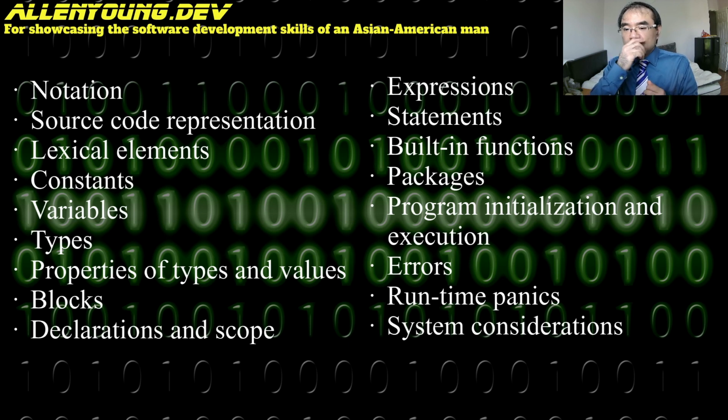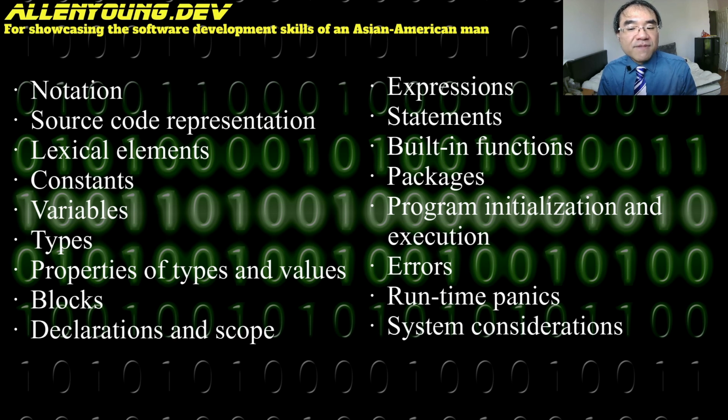The Go software programming language has the following constructs: notation, source code representation, which include characters and letters and digits, lexical elements, which include comments, tokens, semicolons, identifiers, keywords, operators, and punctuation, integer literals, floating point literals, imaginary literals, rune literals, and string literals, constants, variables, types, which include Boolean types, numeric types, string types, array types, slice types, struct types, pointer types, function types, interface types, map types, and channel types.